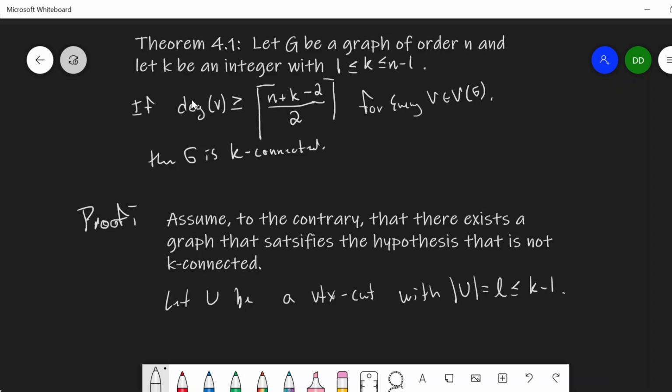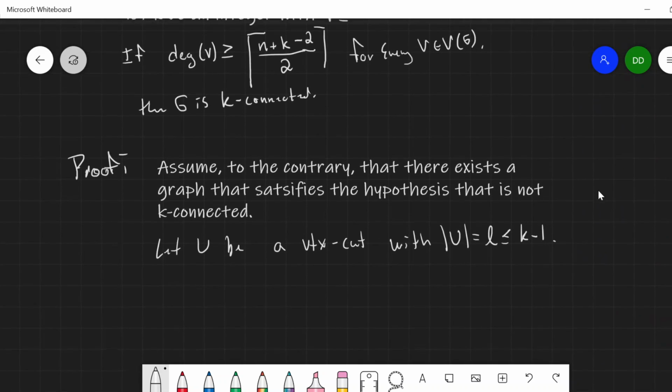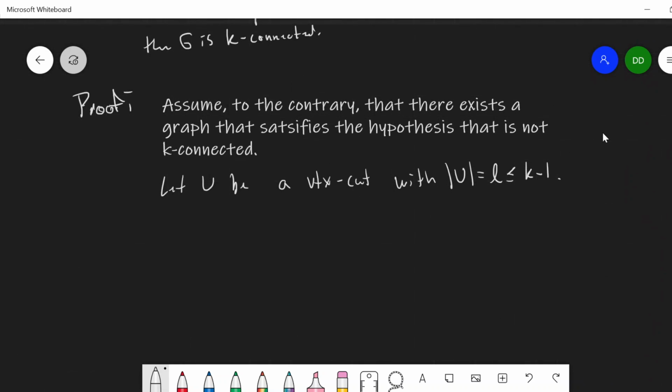That is, I'll be able to find a vertex with degree less than the ceiling. So how does this work? Well, this is a generalization of there existing a cut vertex.